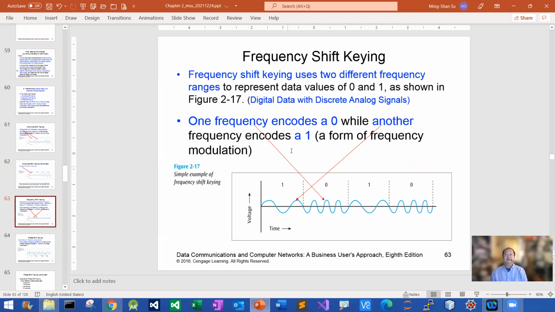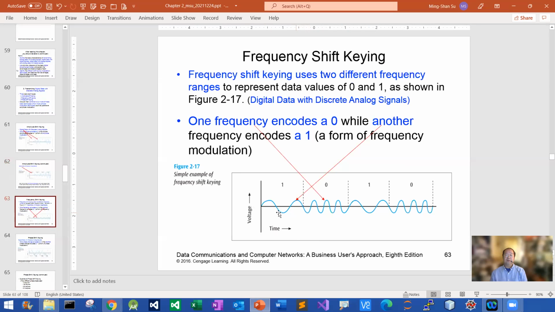Next, we're going to talk about frequency shift keying. Frequency means how many cycles this waveform can complete within a certain time interval.